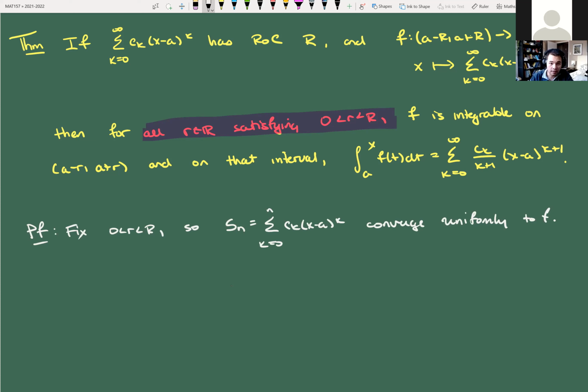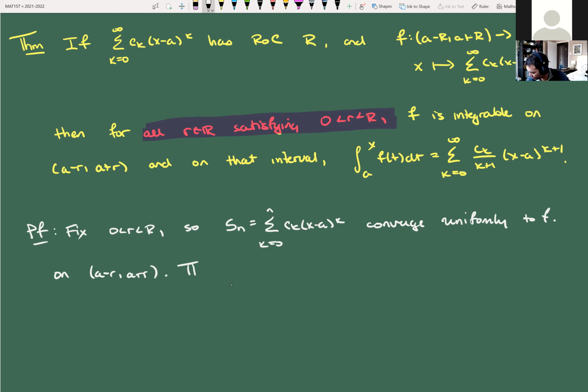Now we said as well, exercise: prove that whatever these things converge to is also integrable, on [a - r, a + r]. So they converge uniformly, which means not only is the limiting function integrable, but the antiderivatives also converge, right? And that's it, we're done.